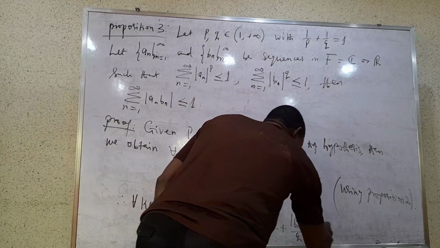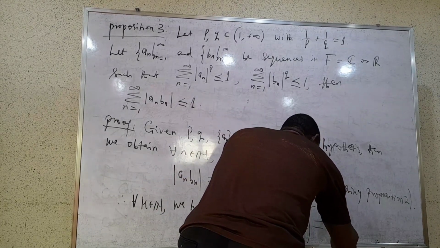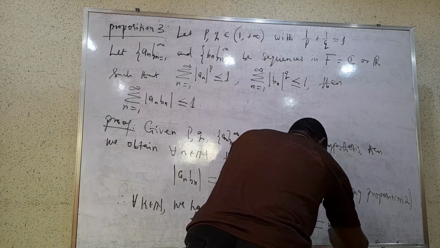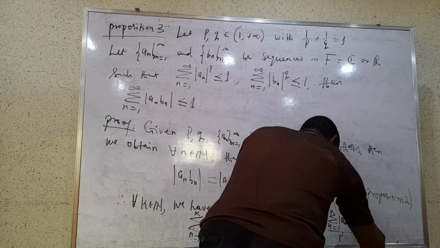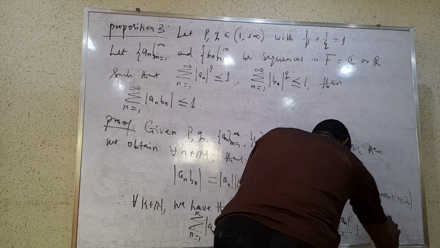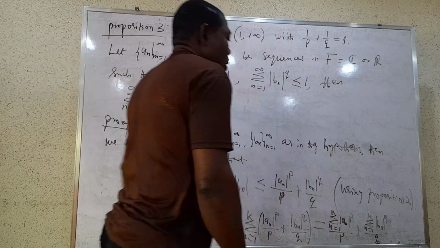And this is nothing but the summation n equals 1 to k of the absolute value of a_n to power p, all over p, plus the summation n equals 1 to k of the absolute value of b_n to power q, all over q.